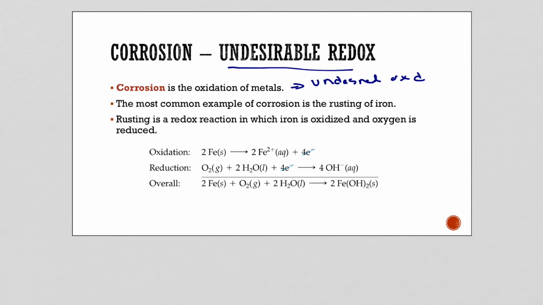The most common example is the rusting of iron. Rusting is just the specific term that we use for the corrosion of iron, or the oxidation of iron.